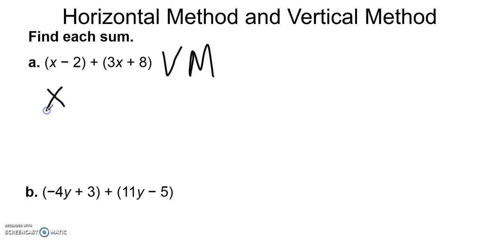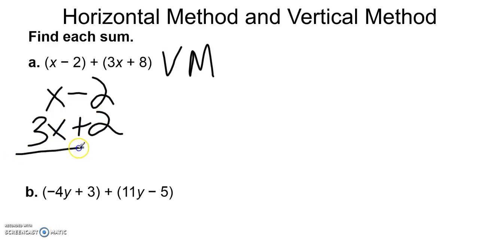You do x minus 2, and then right underneath it you do 3x plus 2. And then this is a plus. That gives us our like terms in order.